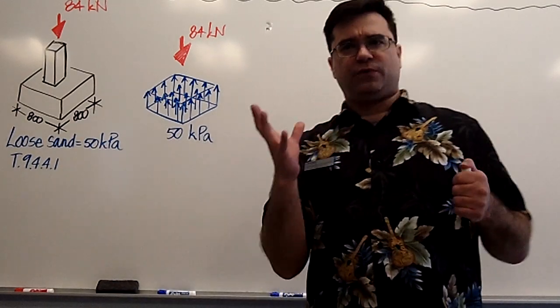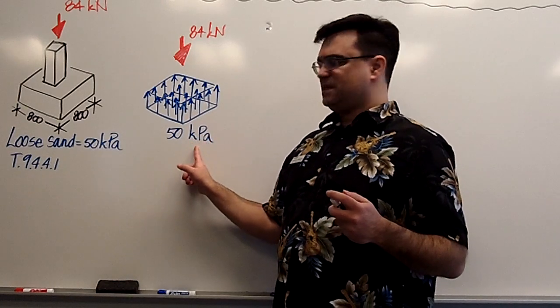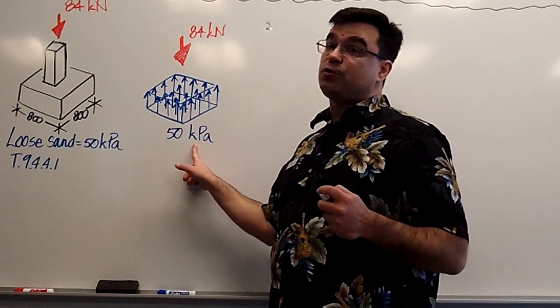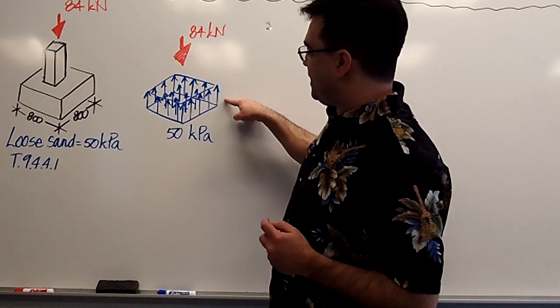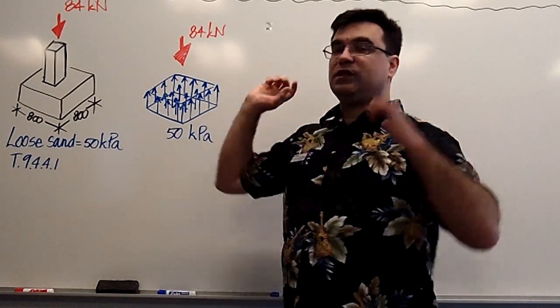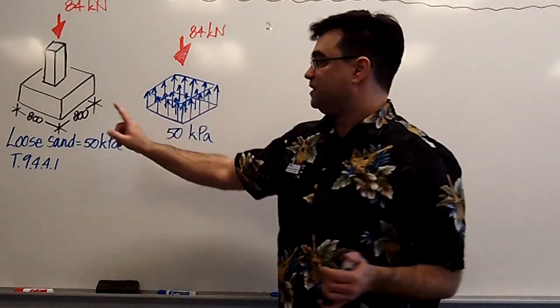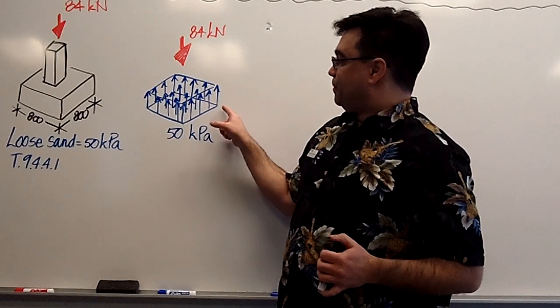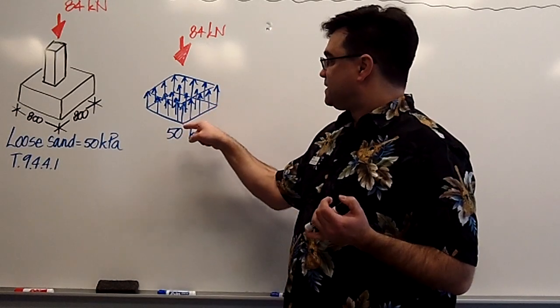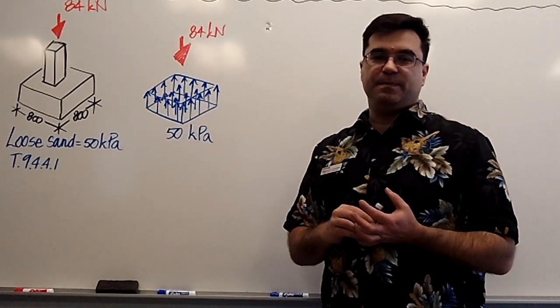And from an engineering point of view, this is a force per unit area. So what that means is this is a better representation of what the soil is doing under this pad footing, right? So per unit area, it's resisting 50 kPa.